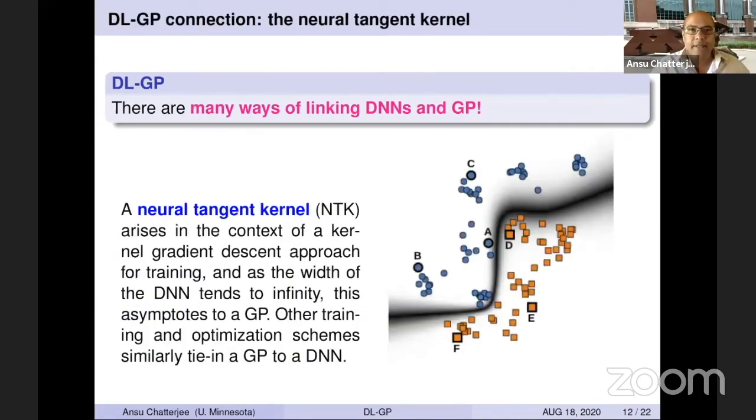So here's the first of the three different ways in which you could tie in neural networks with Gaussian processes. That long list on the previous slide, most of them were about relating the architecture of deep neural networks, the structure of a deep neural network, to Gaussian processes. This one is different. This one relates the training method, the training algorithm.